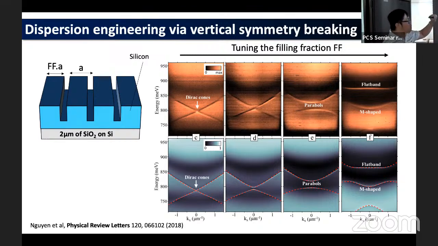When you have two modes of different representation and make them degenerate, you can make the Dirac cones, because as soon as I introduce some kx, it breaks the symmetry. But at kx equal to 0, these two modes have opposite in-plane symmetry. Yes, but I won't go into details.